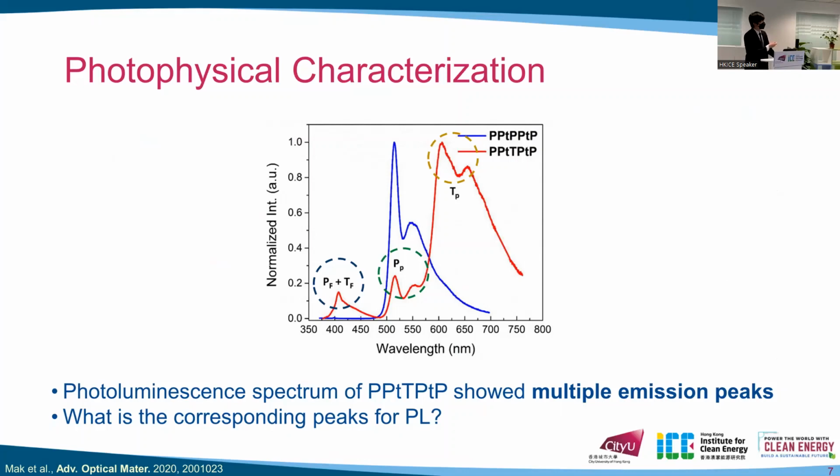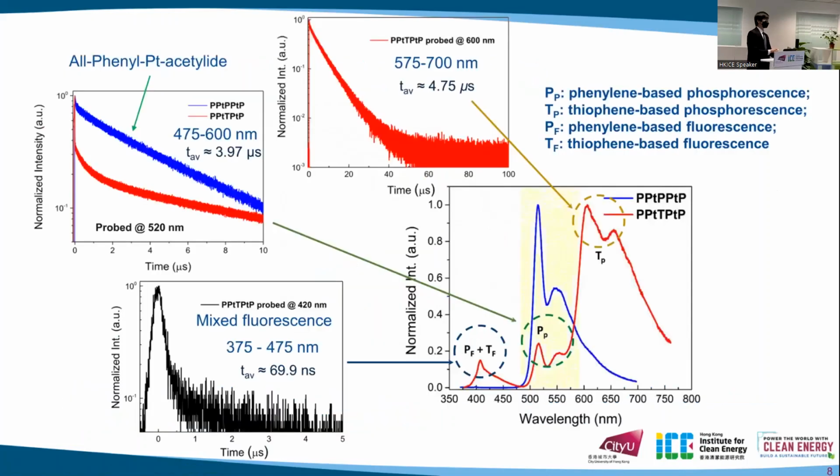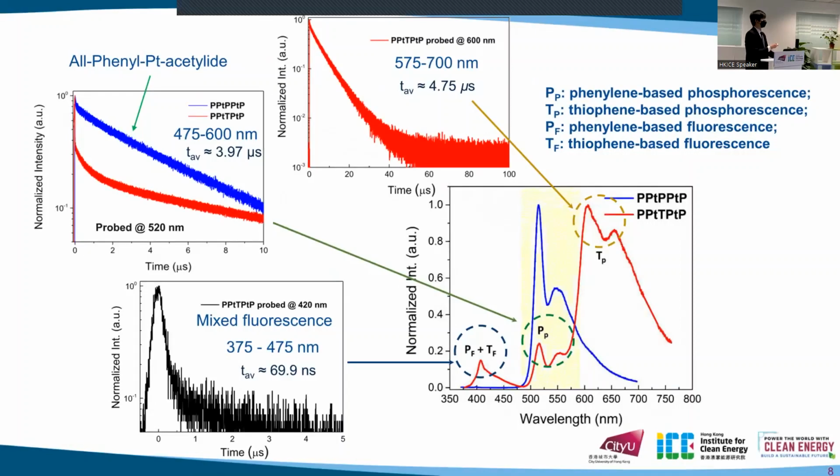Firstly, we have done some photophysical characterization. A very simple way to understand the luminescent properties is the photoluminescence spectra. In my compound, PDT shows multiple emission peaks here, and we need to find out what they correspond to. We used time-resolved photoluminescence to identify those peaks. I used the model compound as the reference, and the center peak is contributed by the phenothiazine satellite.